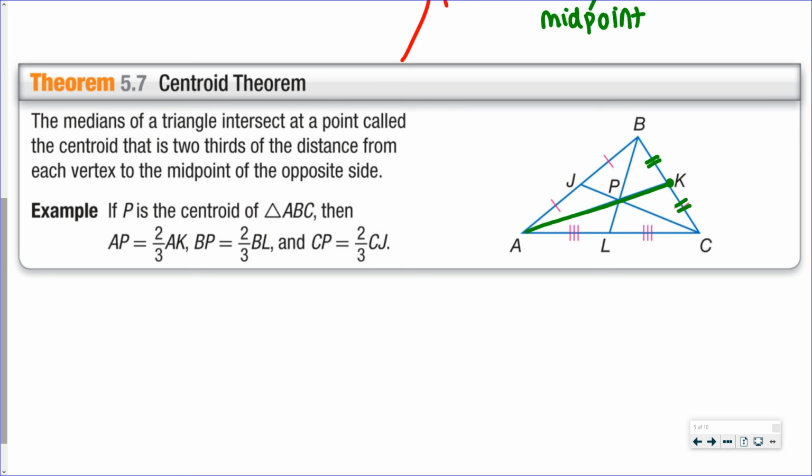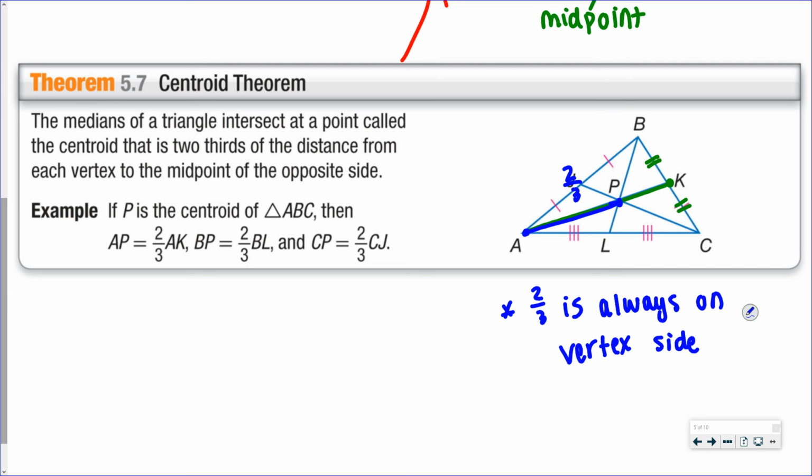So the segment on the vertex side, what I mean by that is from the vertex to the centroid, this segment right here is always 2/3 the distance of the whole median. It's always 2/3. Okay? I don't have a fun proof to show you guys. It's just a theorem that I'm going to tell you is true. So 2/3, I'd write this down, is always on the vertex side.